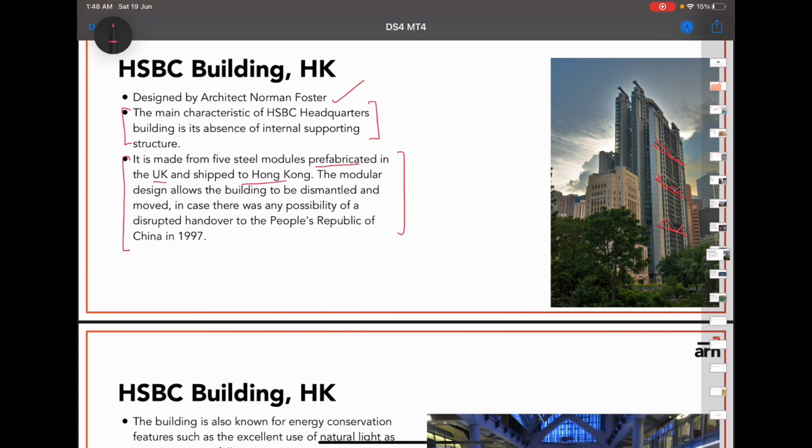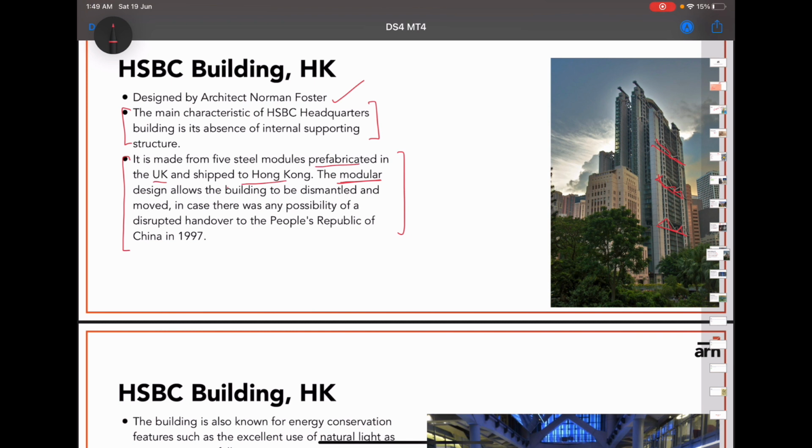The modular system, another term that you should look for, allows the building to be dismantled and moved in case there was a possibility of disrupted handover to the People's Republic of China in 1997. So I think this might be an urban legend, but this seems like a possibility as well, where the building is designed in such a way that it can actually be dismantled. But I don't think that was the main concern behind that.